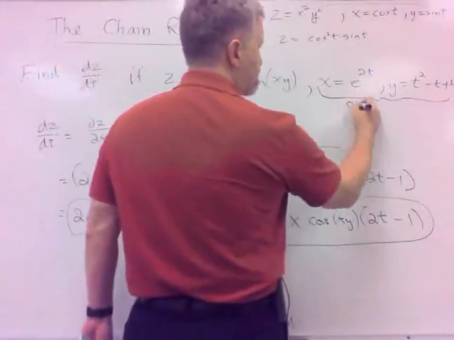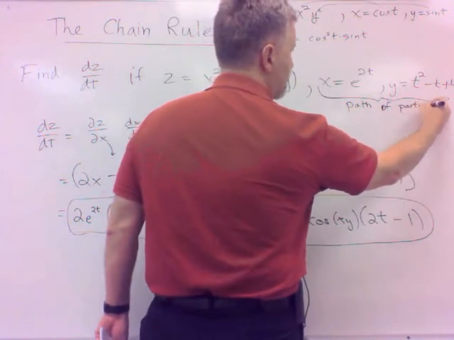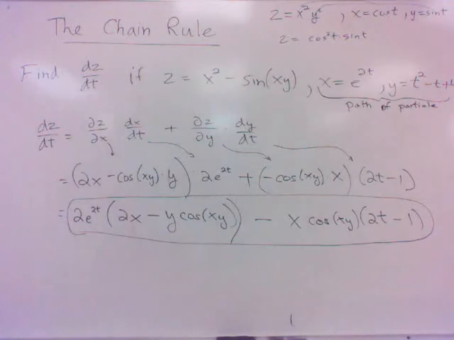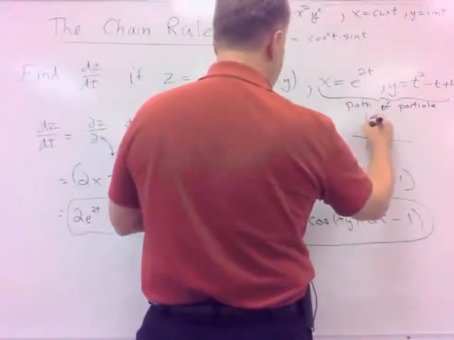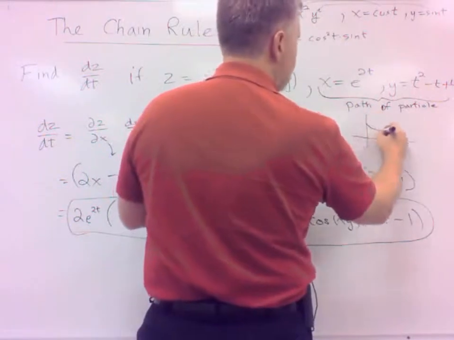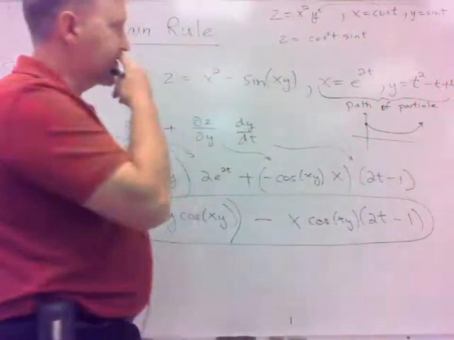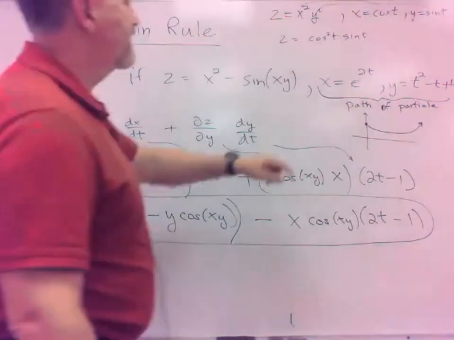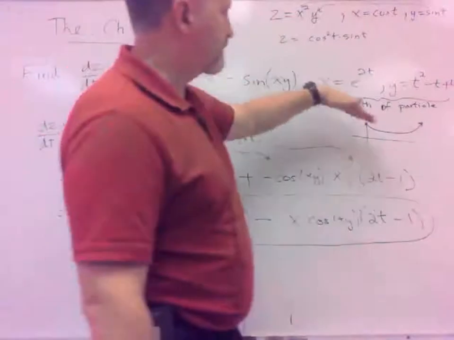Let's say that represents the path of a particle at time t. I think it looks like something like this. So as you start at time t equals 0, you're up there. If we took time and graphed it, this is kind of the path of the particle. It's just swooping down.